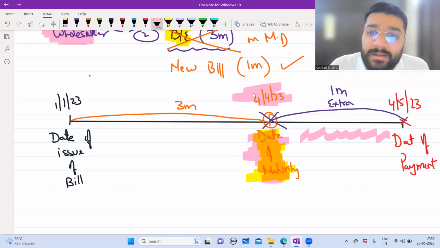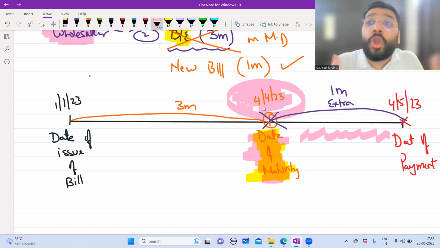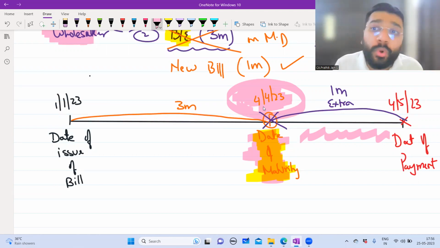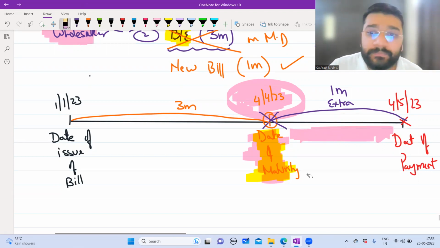Had the wholesaler got the money on the maturity date, he would have made the payment to the manufacturer, got a new set of laptops, and sold them to other customers, which means during this period he would have made further money.